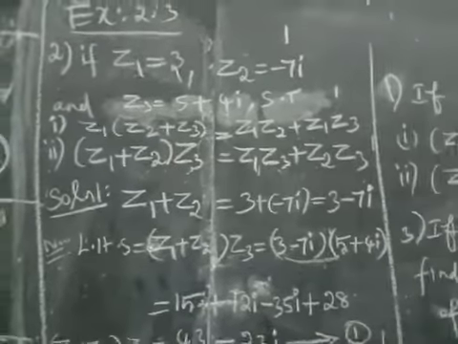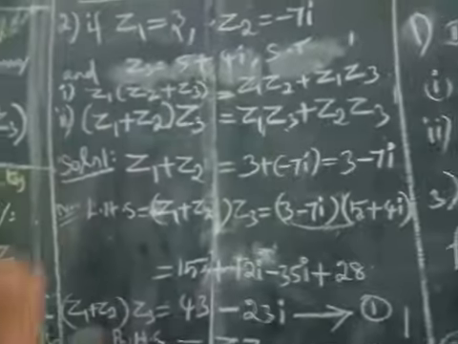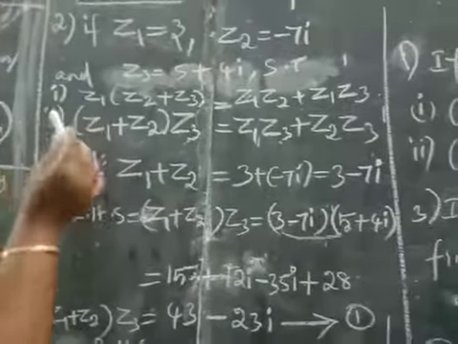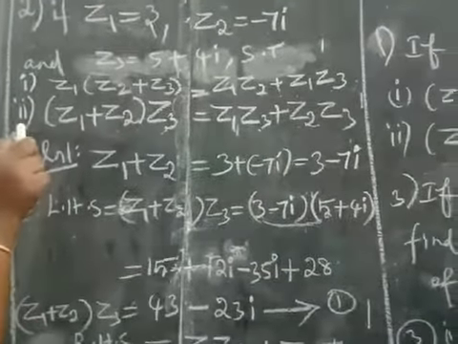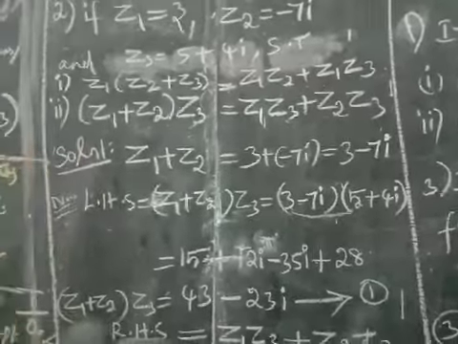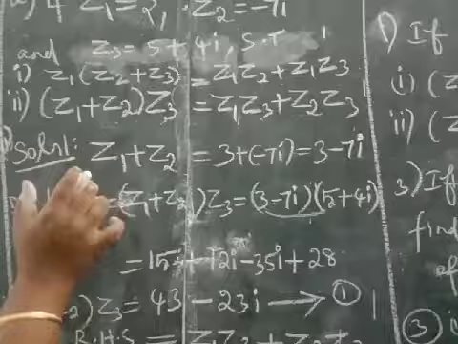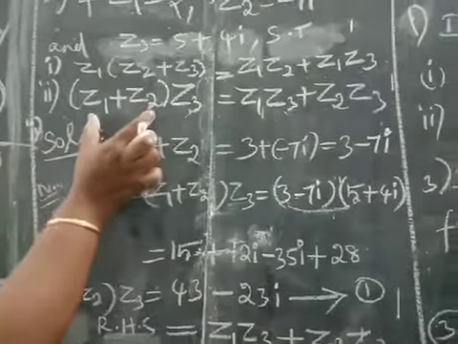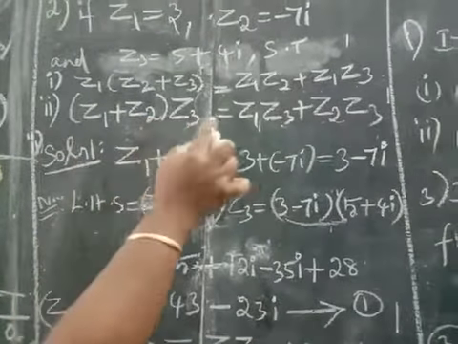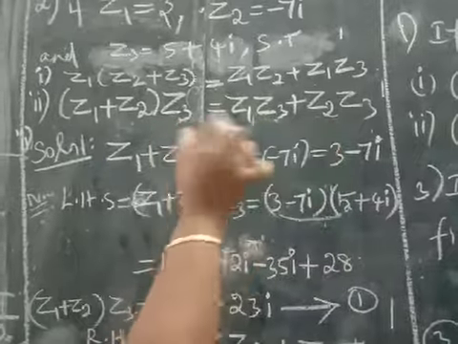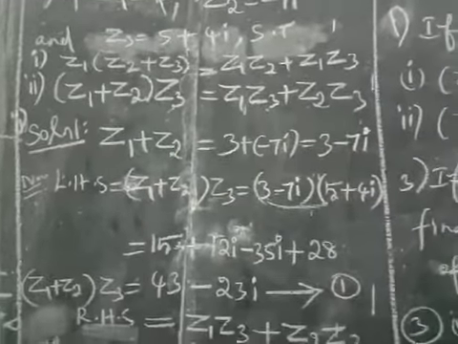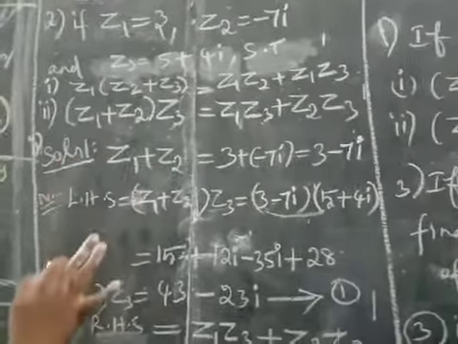Okay, let me explain how to prove this. See, the first two problems are given. I have taken the second problem, so the first one is homework, students. Okay, what is the second problem? (z1 plus z2) into z3 is always equal to this one. We are going to show this. Before that, first you take the LHS.